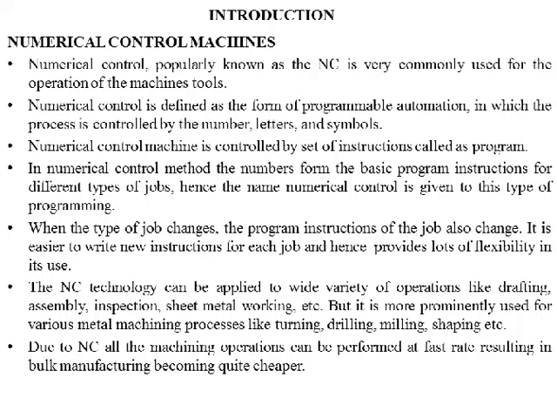Numerical control machines, also called NC machines, make use of numbers, letters and symbols, and these together form a program, which helps to carry out the job at a faster rate and hence is suitable for bulk manufacturing only.